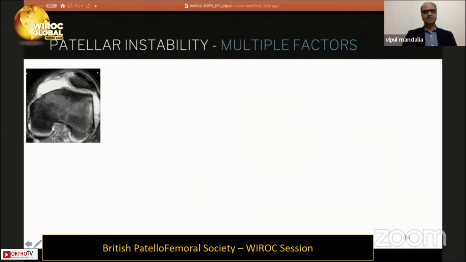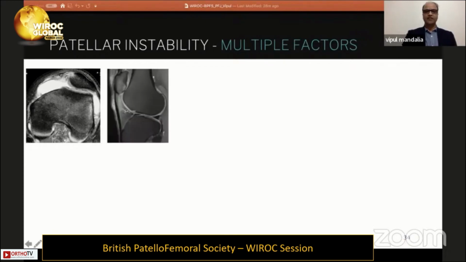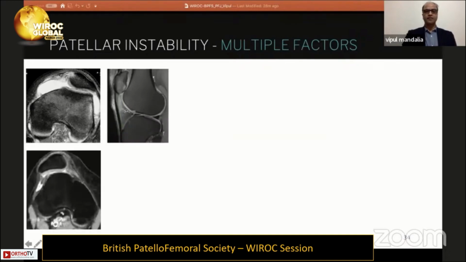So I think this is the last slide. In summary, what we need to understand is that there are a number of reasons why a patient may have recurrent instability, whether it is MPFL insufficiency, whether it is too high a patella, which is not engaging in the trochlea, or even if it is trying to engage, we don't have that medial lateral stability because of dysplasia.